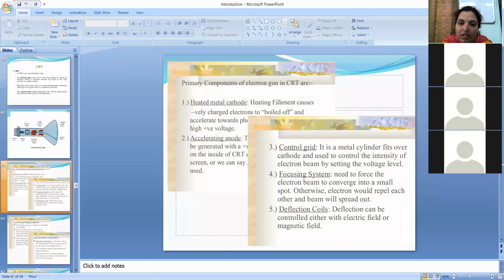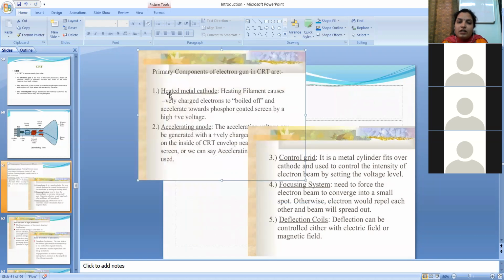So the next is the primary components of the electron gun. So we have seen that heated metal cathode. It is nothing but the electron gun which releases the electrons.